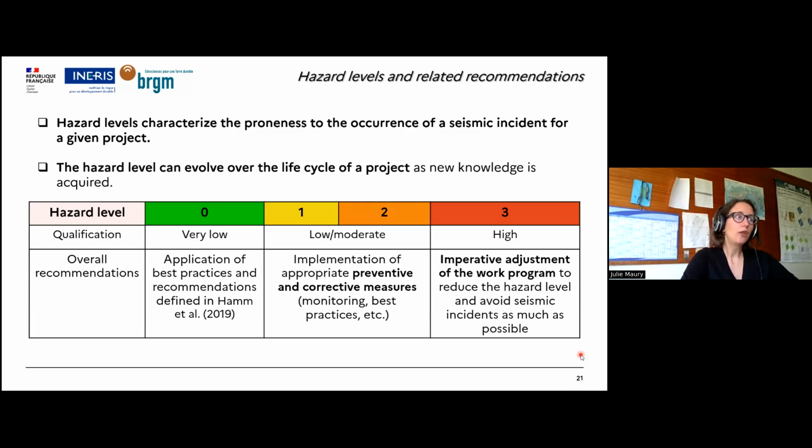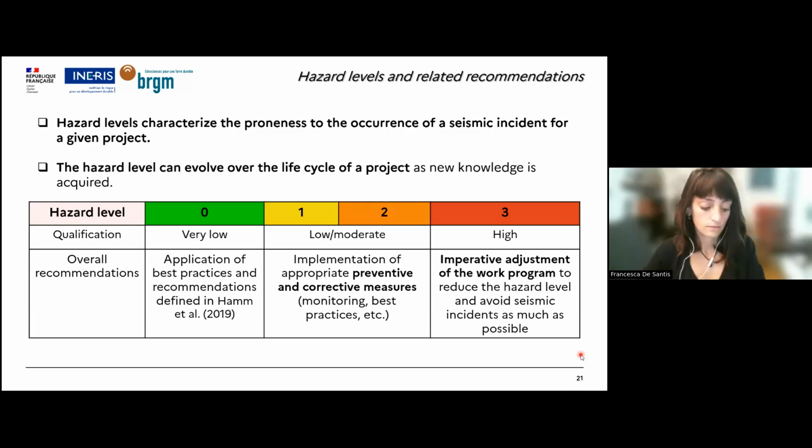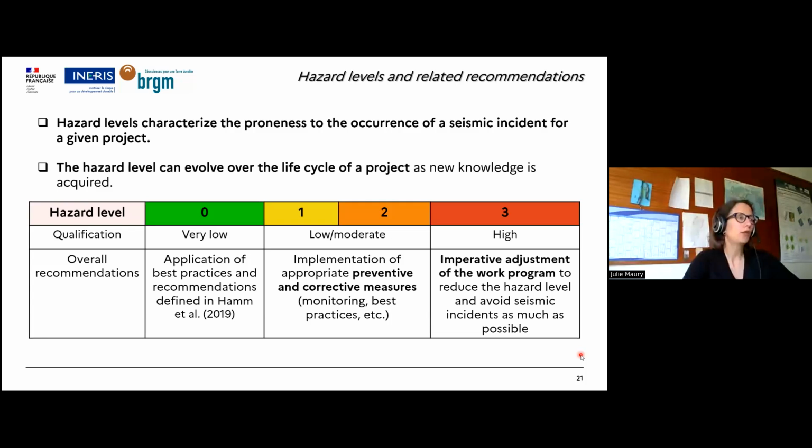We define 4 hazard levels. The first one is level 0 with a very low hazard and with no specific recommendation for this type of project other than applying best practice defined for the Paris Basin. Then we have 2 levels for low to moderate hazard, level 1 and 2. And in this case, we need to implement appropriate preventive and corrective measures, such as monitoring, best practice, and so on.